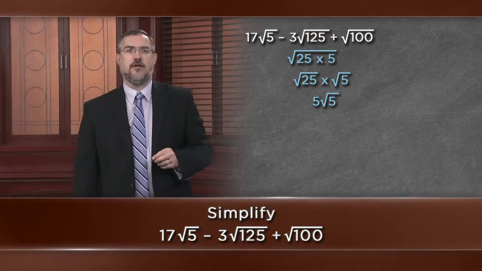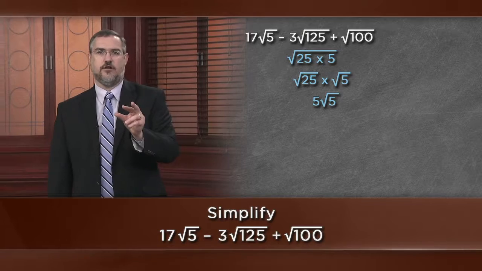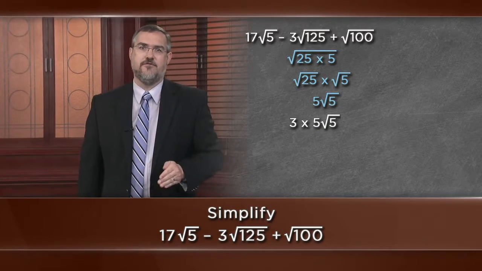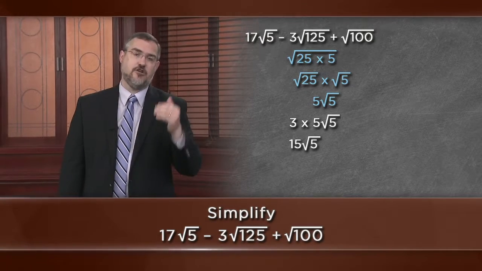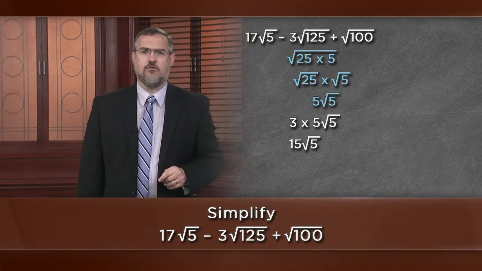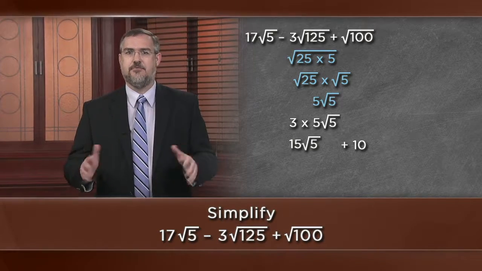So the second term can be rewritten as 3 times square root of 125 equals 3 times 5 times the square root of 5, which gives me 15 times the square root of 5, because 3 times 5 equals 15. Now, the third term is the square root of 100, which of course is just 10, and that doesn't have a square root of 5 left in it, but that's okay.